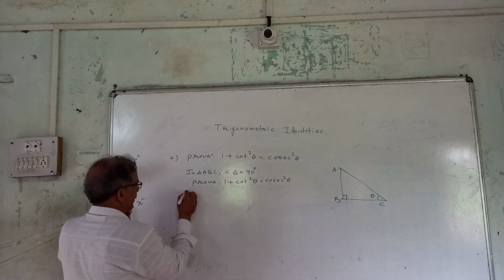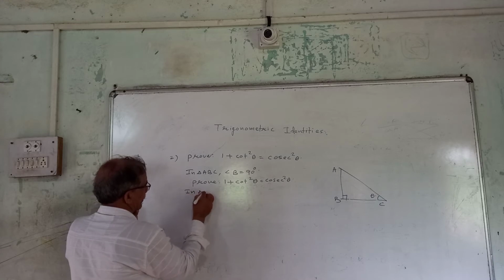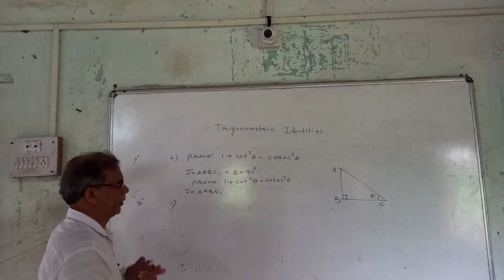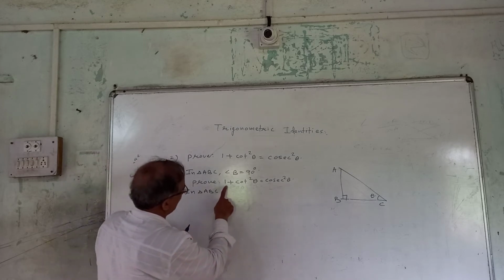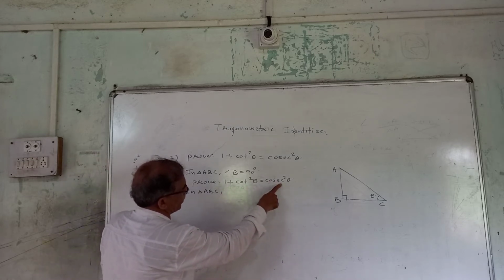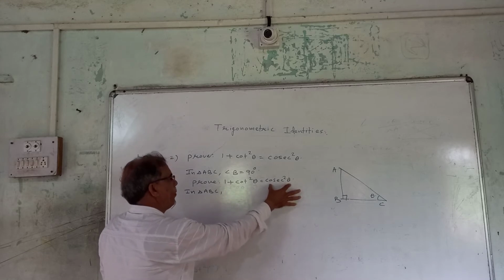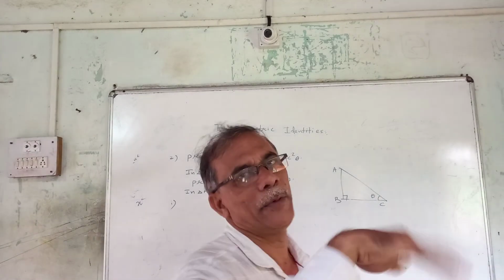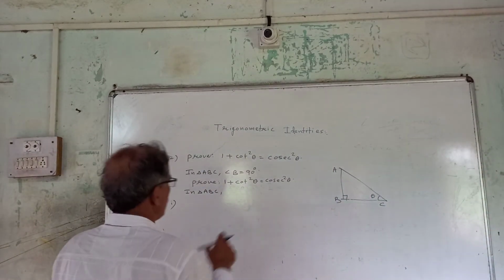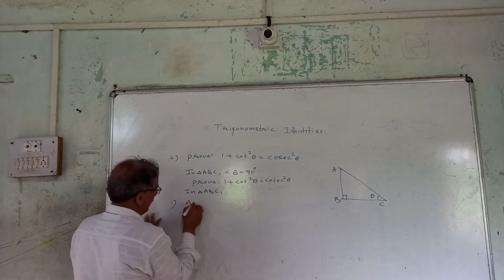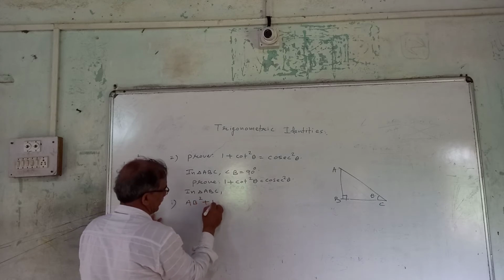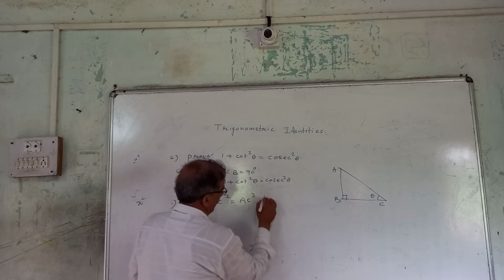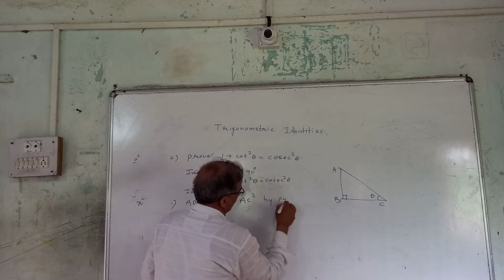Now see, in triangle ABC, straightaway first we write Pythagoras theorem. Now one more thing, 1 plus cot square theta is equal to cosec square, so on the right hand side there is only one term. So we have to write Pythagoras theorem in such a way that only one term will be on the right hand side. So we write AB square plus BC square is equal to AC square by Pythagoras theorem.